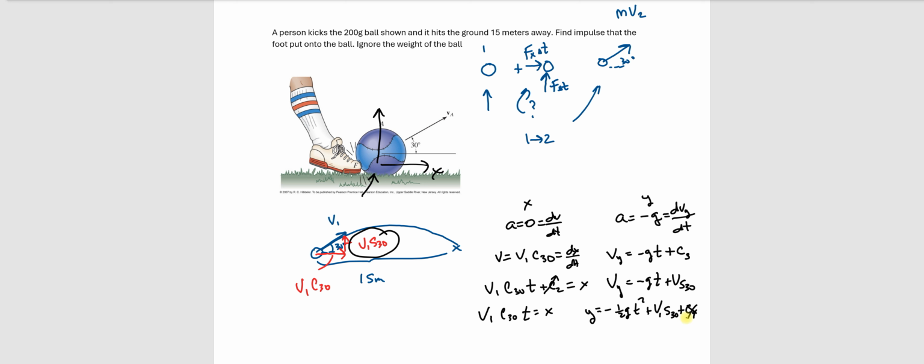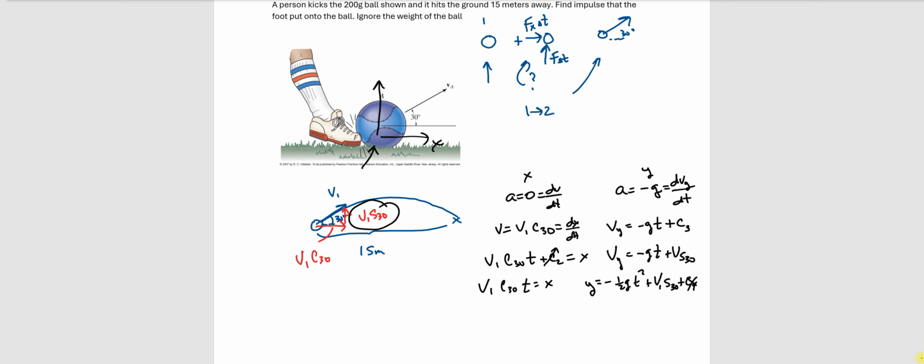So now the rest of this problem is basically numerical, and I don't have a calculator handy, so I'll let you folks work this out. But when the ball hits the ground 15 meters away, you can put a 15 right here. Solve this for t, and it's going to read 15 meters over V1 cosine 30.